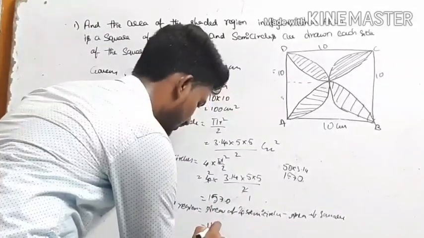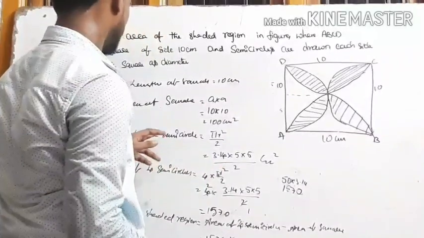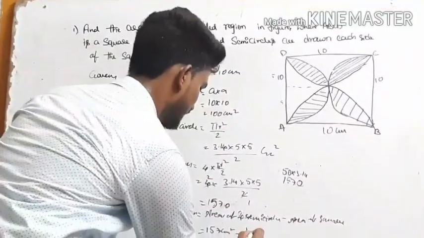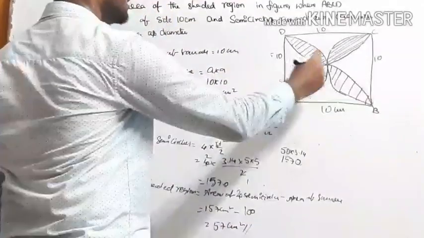This is 157 centimeters square minus the area of the square, 100. So 57 centimeters square is the area of the shaded region.